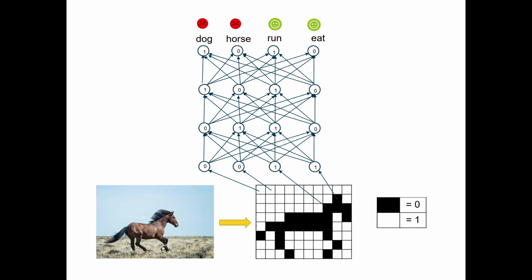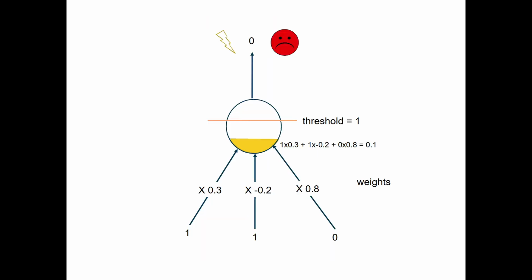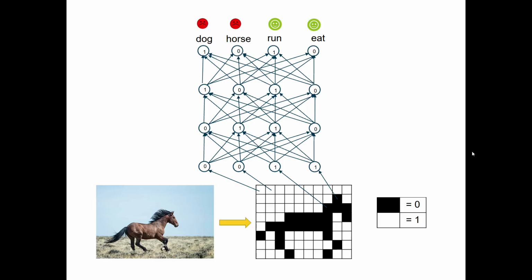Each of our neurons can adjust its weight to get closer to the correct value. For example, let's take the case of a neuron that predicted 0. Let's say it's the neuron in the output layer that corresponded to horse. This neuron here.